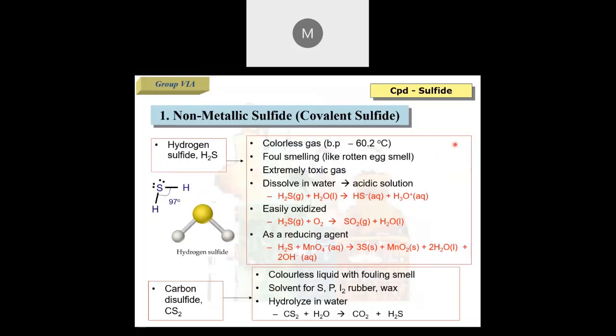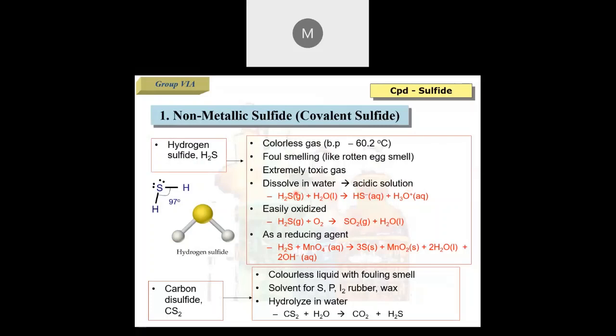Next, let's look at the example, which is hydrogen sulfide. Here we see it is a covalent sulfide. It is a colorless gas, foul smelling, like a rotten egg smell. It's an extremely toxic gas, dissolved in water, and it forms an acidic solution.